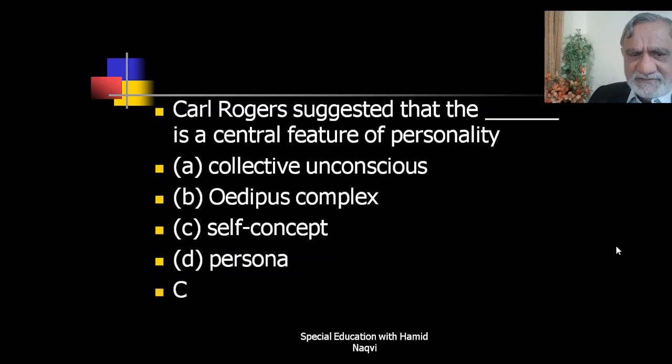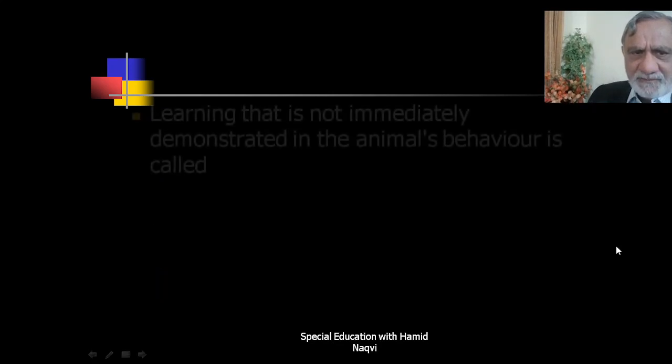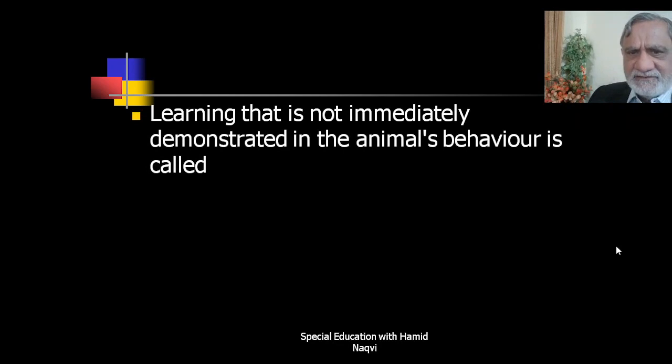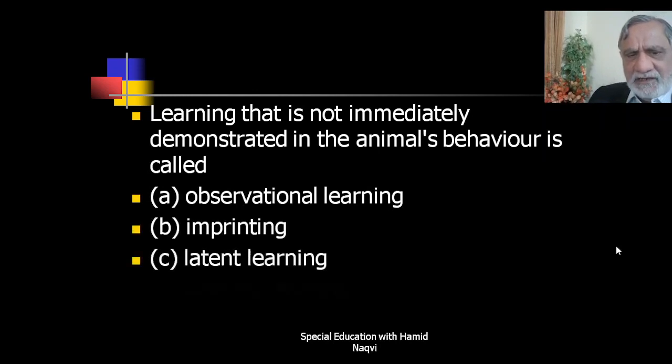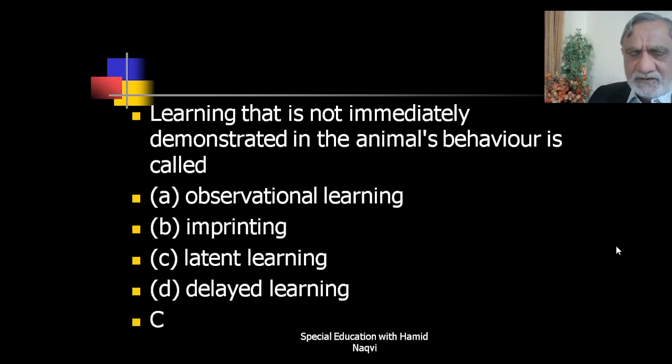Correct one is C, that is self-concept. Learning that is not immediately demonstrated in animals' behavior is called observational learning, imprinting, latent learning, or delayed learning? Correct one is latent learning, that is C.